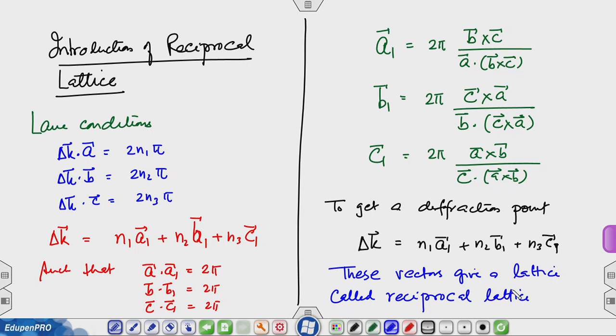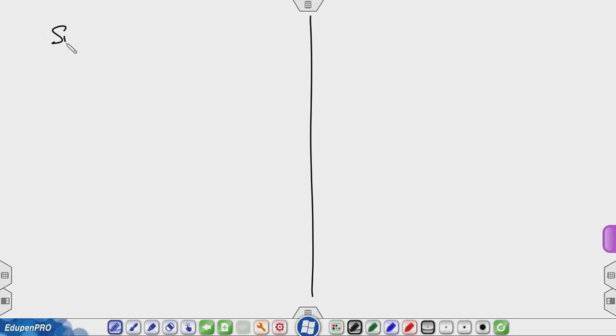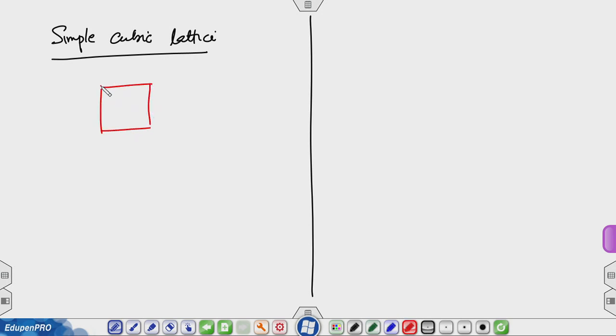Let us look at some reciprocal lattices. So, let me make for simple cubic, I have the regular lattice. This is A, B, C, each with magnitude A in the x direction, y direction, and z direction.